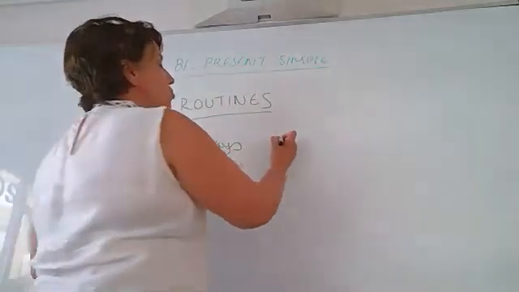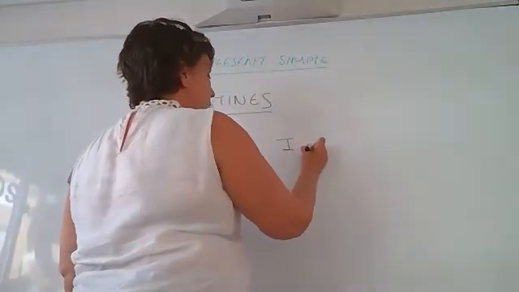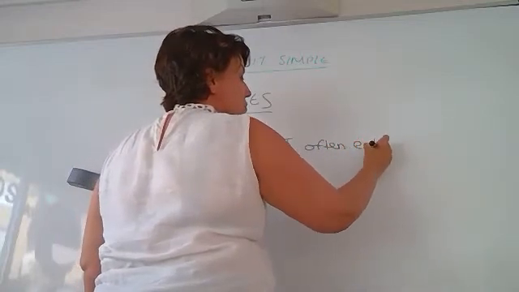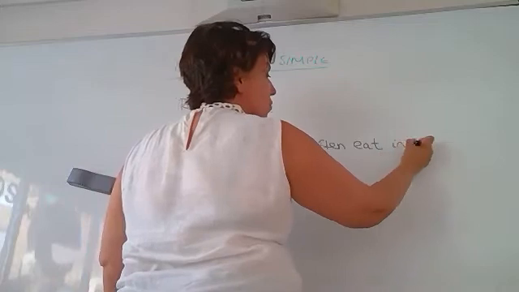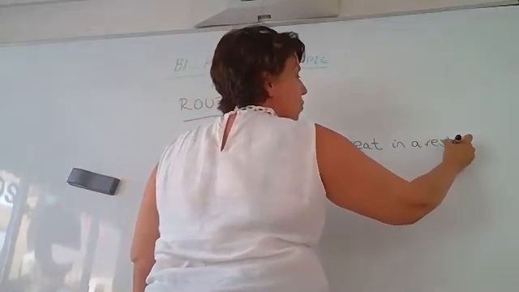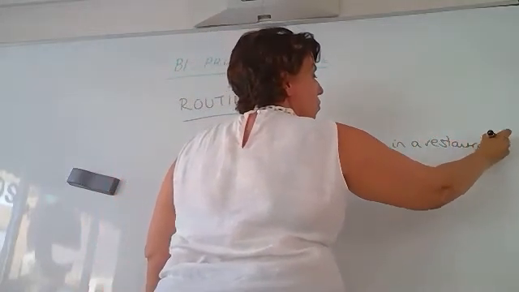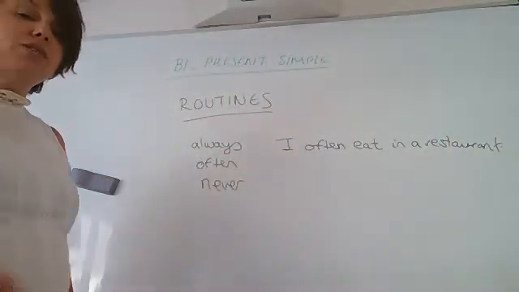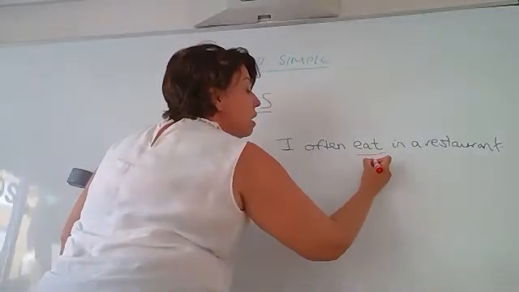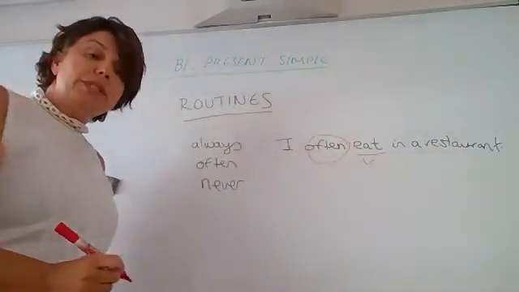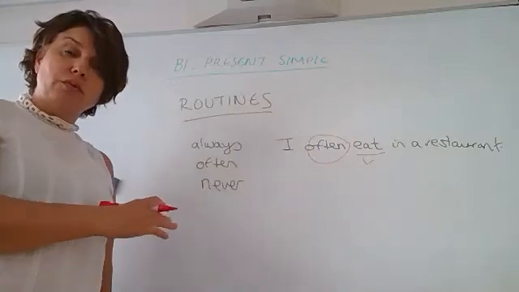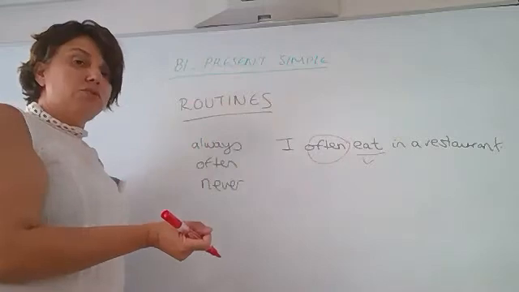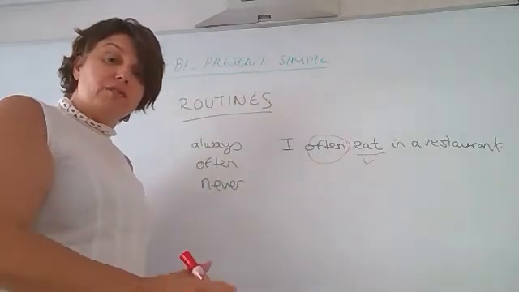So if it's a normal verb, I often eat in a restaurant. Here's the verb. We put it before, in the middle, so I always eat in a restaurant, or I never eat in a restaurant.